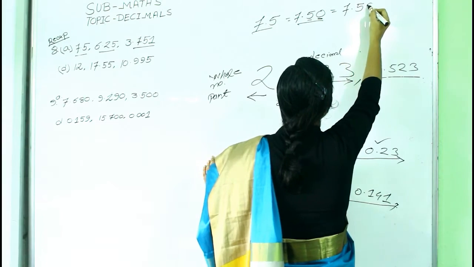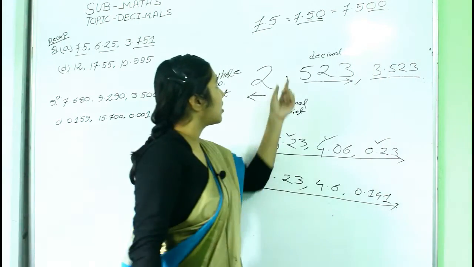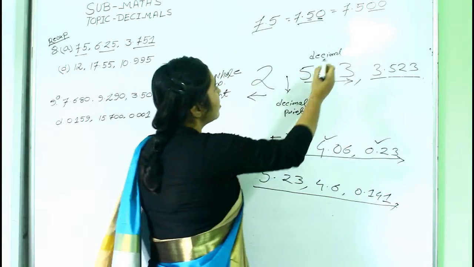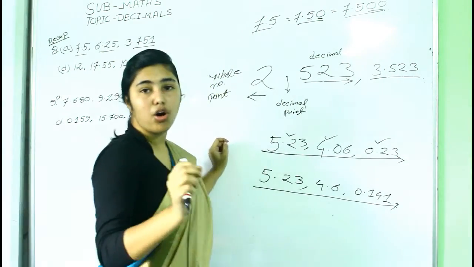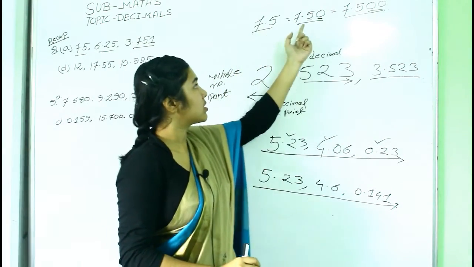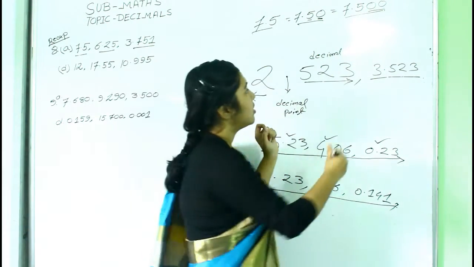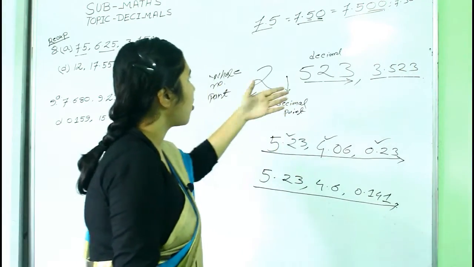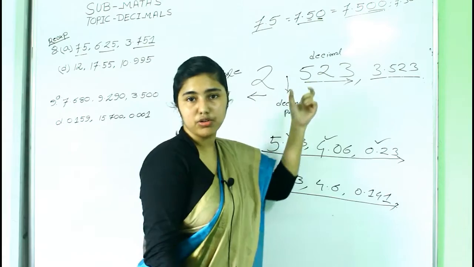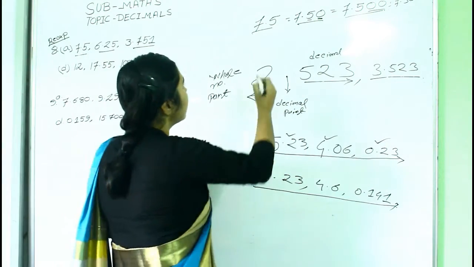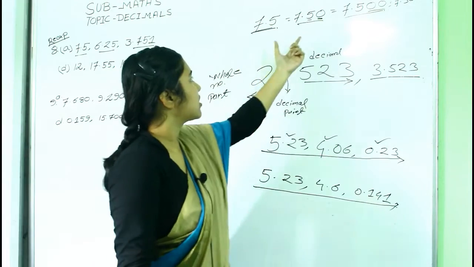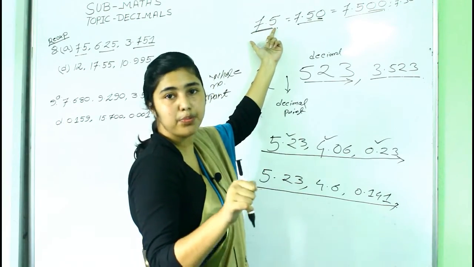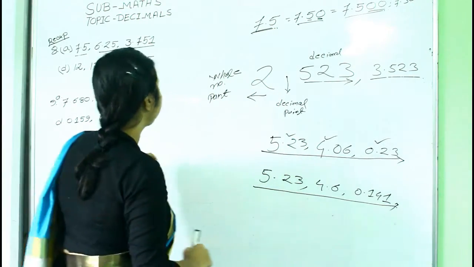Similarly, if we add 2 zeros after the last digit of the decimal place, then this number is also equivalent to this number. These three numbers are equivalent. Similarly, if we add 3 zeros or 4 zeros or so on, then this type of numbers are known as equivalent numbers, which means we can write 7.50 or 7.500 in place of 7.5. Both are same.